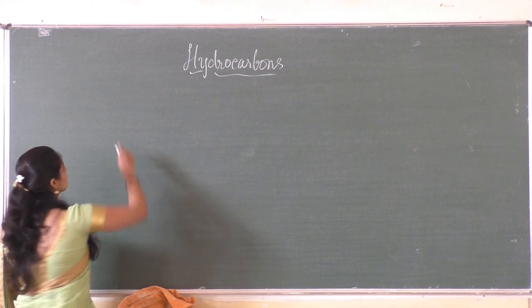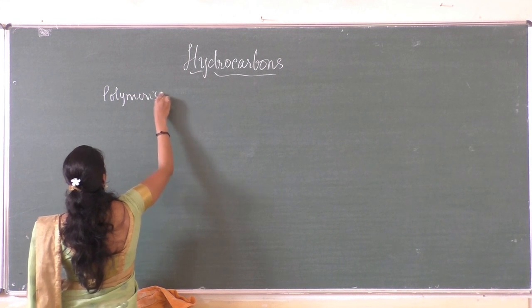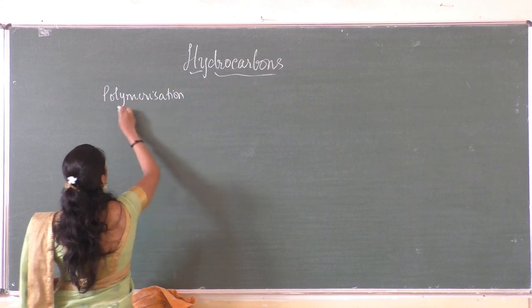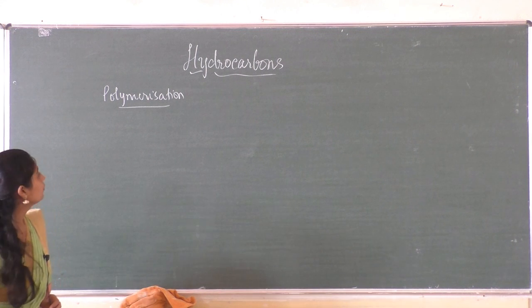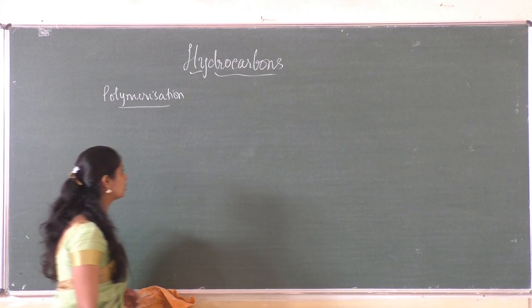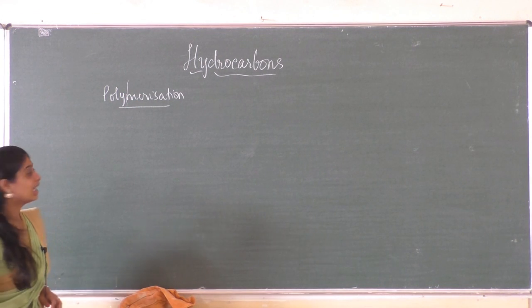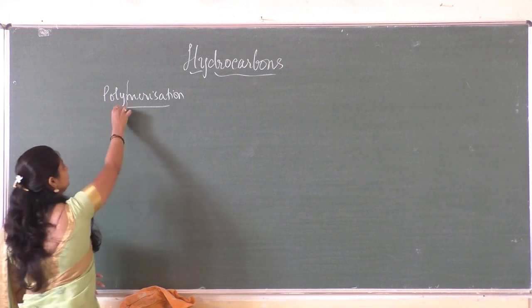That reaction is called polymerization. Repeated addition of smaller units so as to get a large molecule. Because of that giant or large molecule, it's called poly.